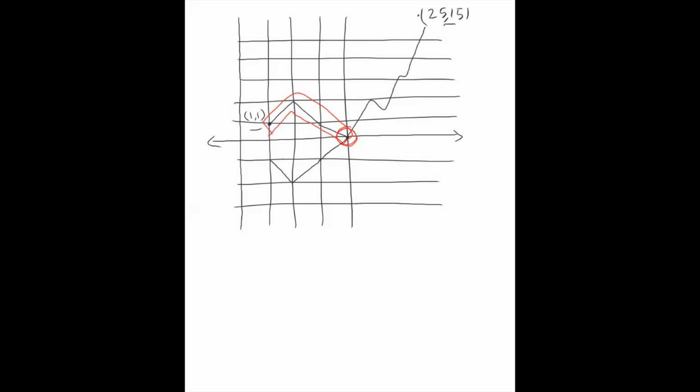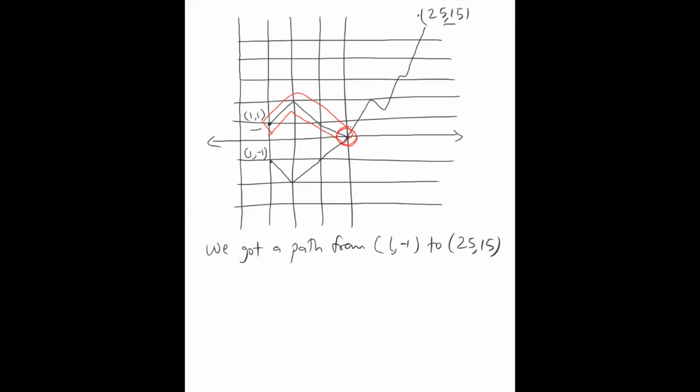Now this new thing that we have got starts from 1 comma minus 1, and it still ends at 25 comma 15. So by reflecting across the x-axis, we have gotten a path from 1 comma minus 1 to 25 comma 15. Now here's the thing to notice.